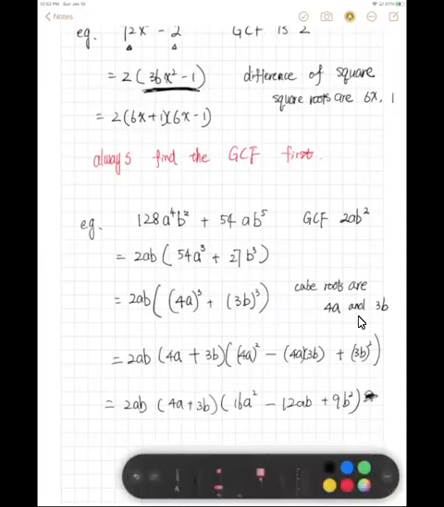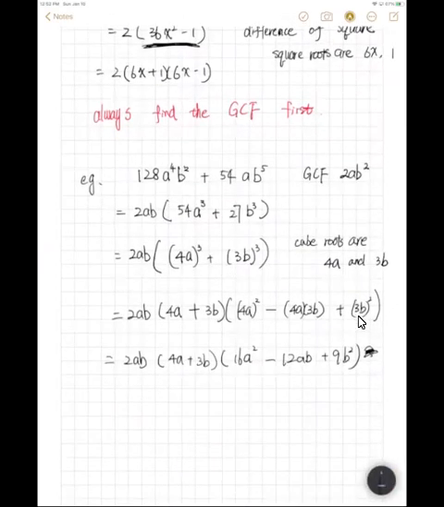Okay? So one thing that I want you to be careful about is when you try to factor the cubic terms, you need to put the parentheses for each term. If you don't put the parentheses, you may end up with, look at this, 3b, and then you will have 4a squared minus 4a times 3b, and then 3b squared.